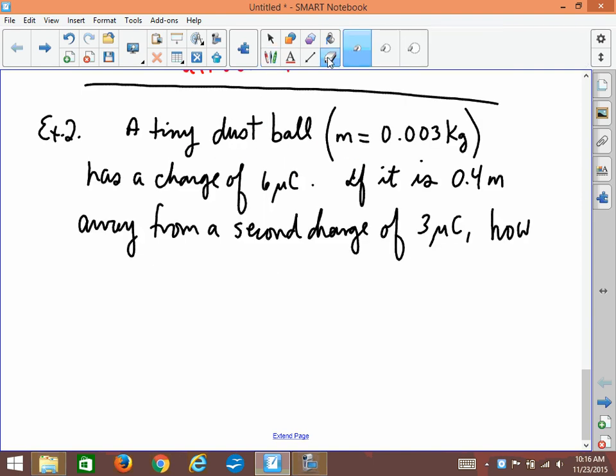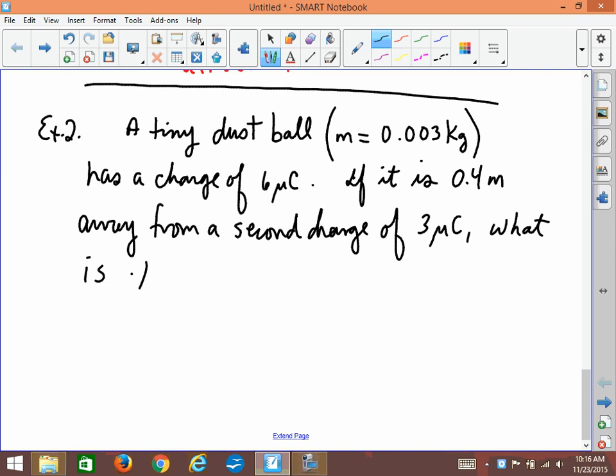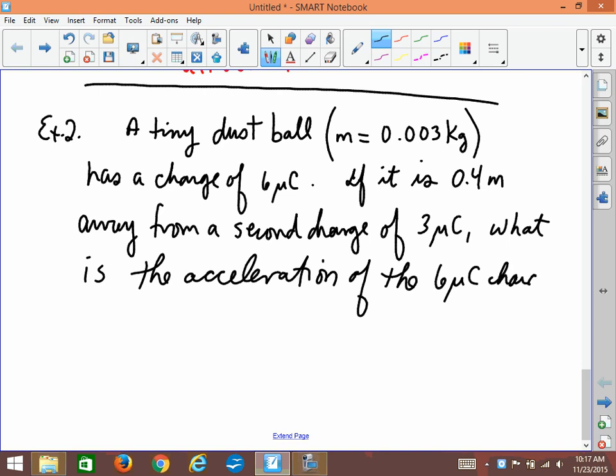Or maybe a better way to put that is, what is the acceleration? What is the rate of acceleration? And we'll specifically say of the 6 microcoulomb charge, so we know which one we're talking about.